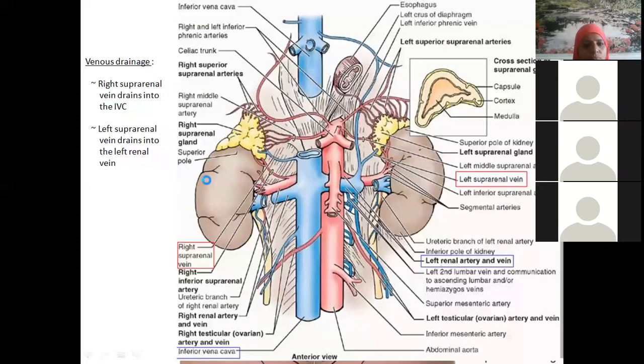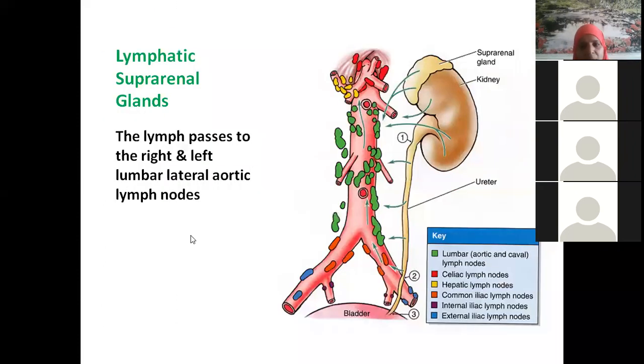Coming to the lymphatic drainage, always remember the nearby lymph nodes. The lymph from the suprarenal gland is collected and then moves to the right and left lumbar lymph nodes, or the lateral aortic group of lymph nodes. Para-aortic is also the word used.